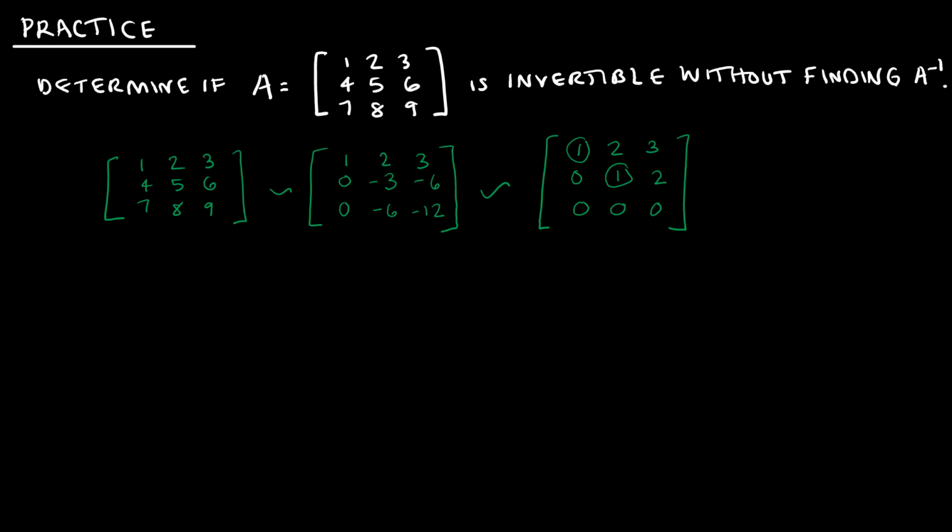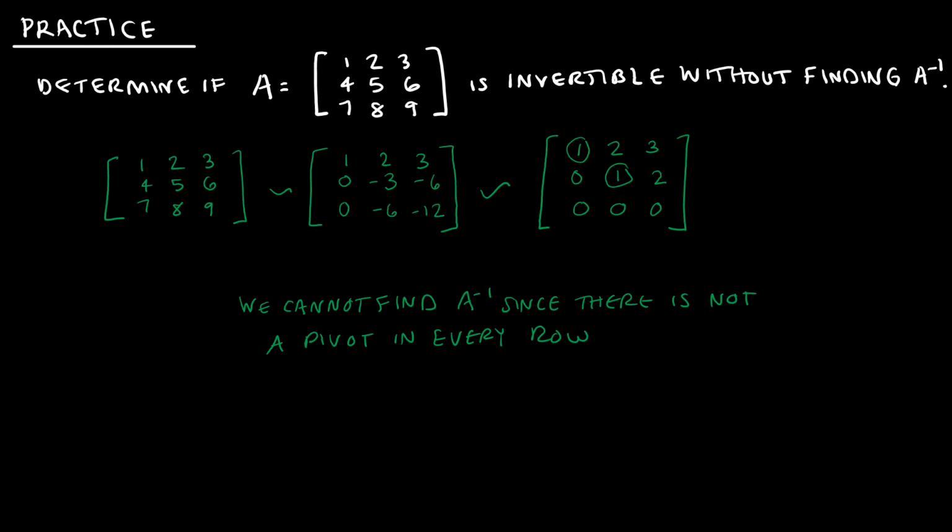So what I have found is that I do not have a pivot in every row, so we cannot find A inverse since there is not a pivot in every row. And that's of course by the invertible matrix theorem.